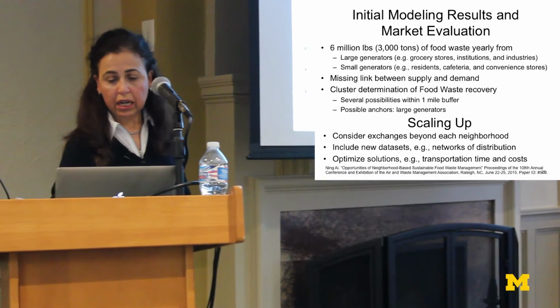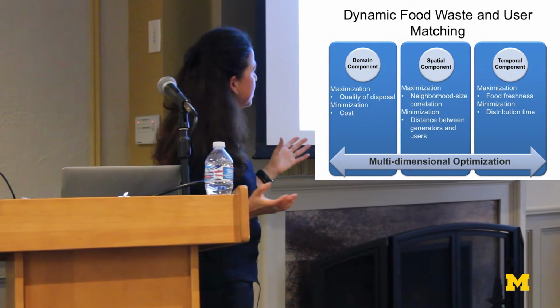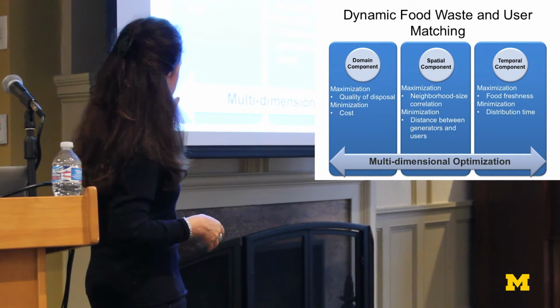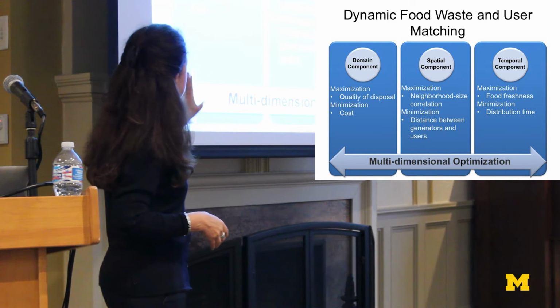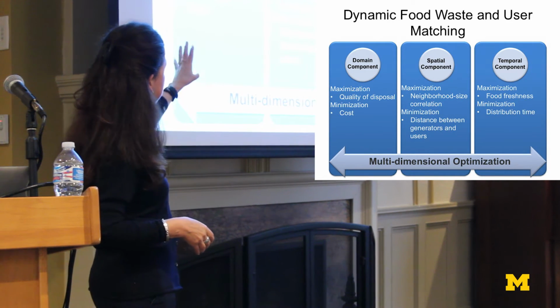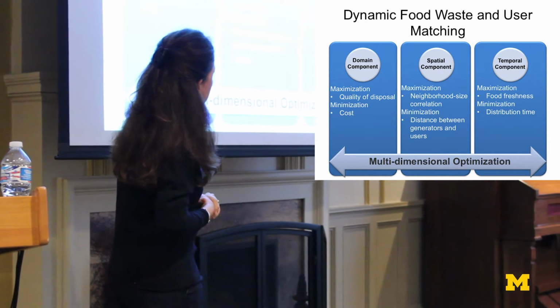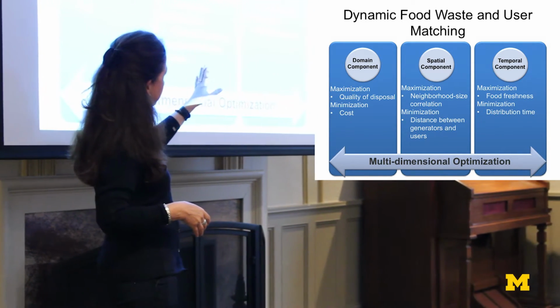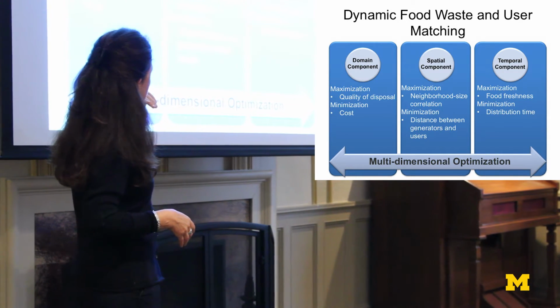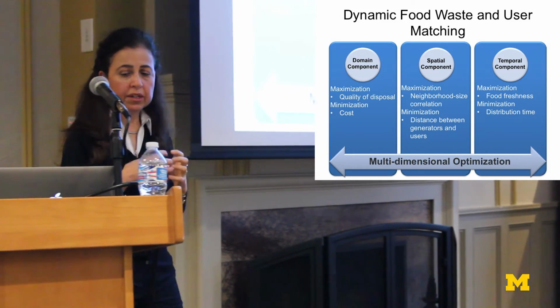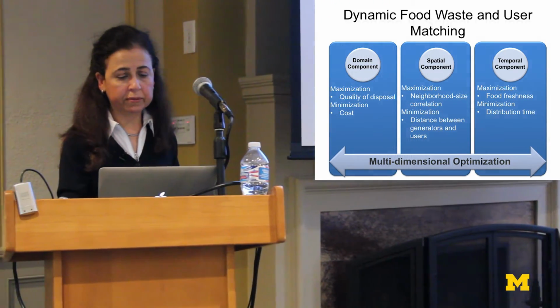So if I put this in a single slide, we have different things to optimize. There is a domain component that has to do with that pyramid. There are spatial and temporal components. For example, we want to maximize food freshness, and we want to maximize the neighborhood size correlation where the exchanges are performed.